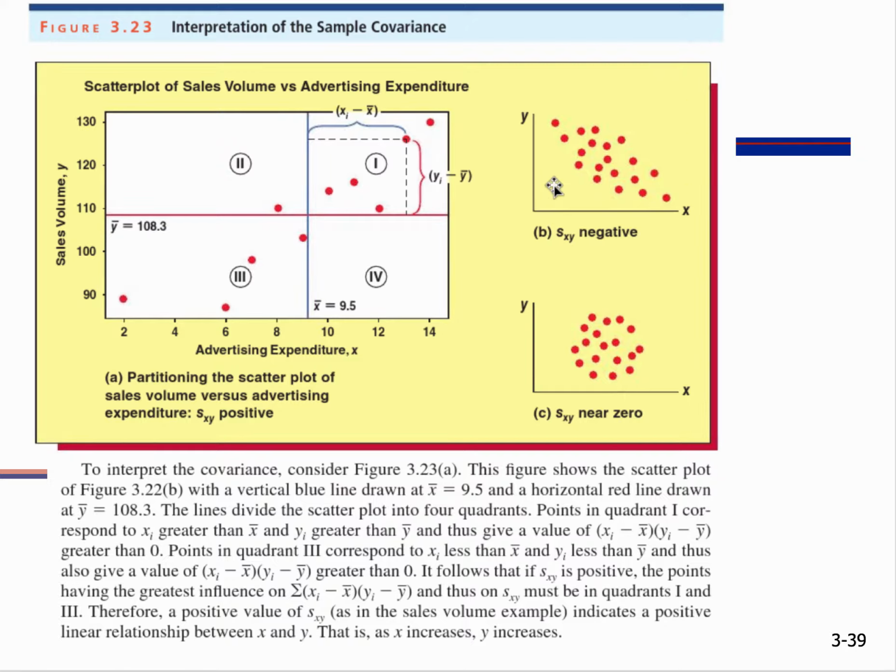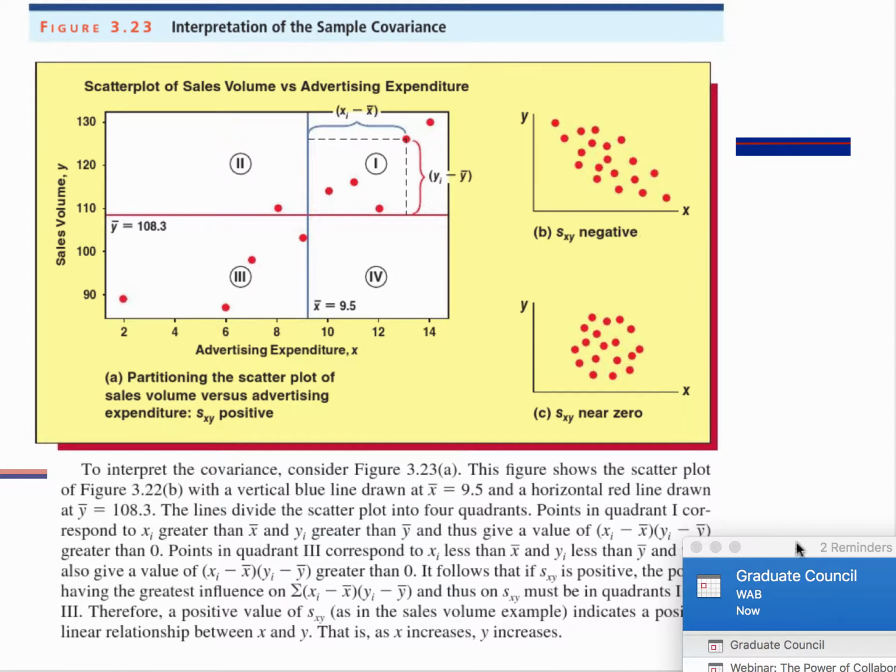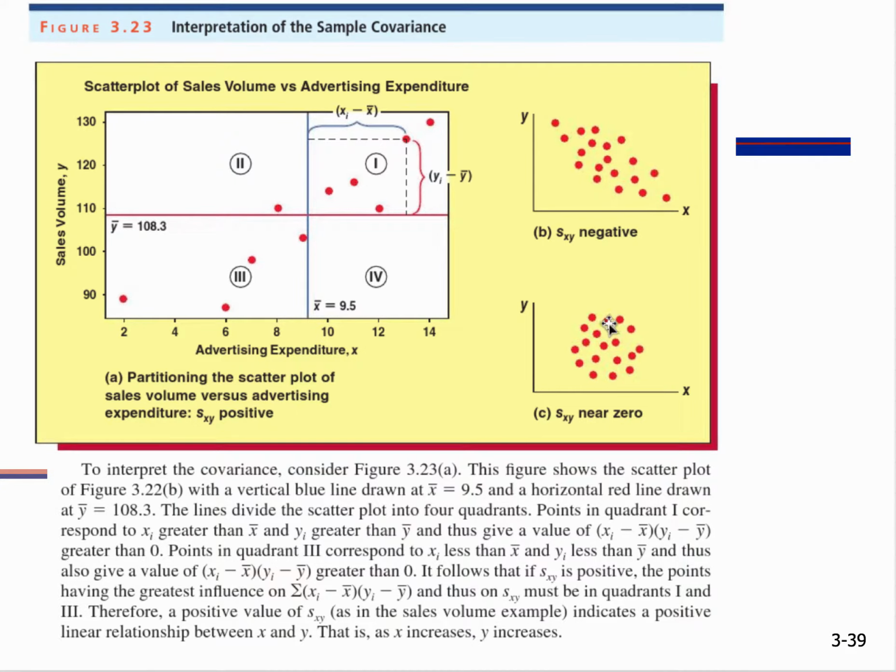So x is very small, y is very big. X is increasing, y is decreasing. Pick this dot. X is increasing, y is decreasing, and so on. So this type of relationship is called a negative relationship.